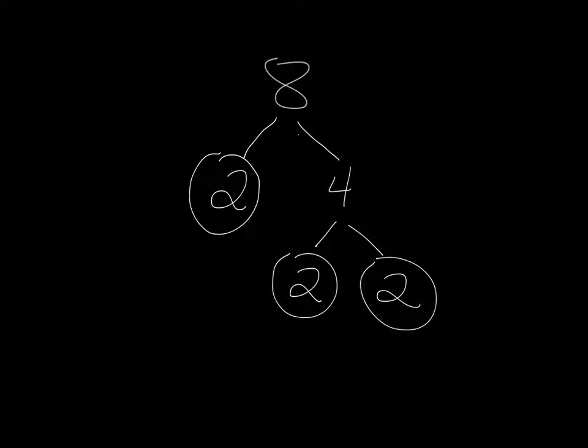So what we have is 2 times 2 times 2 equals 8. These are our factors of 8: 2 times 2 times 2. Okay, so we have our 8, and we now know that the prime factors of 8 are 2 times 2 times 2. Let's look at another composite number.